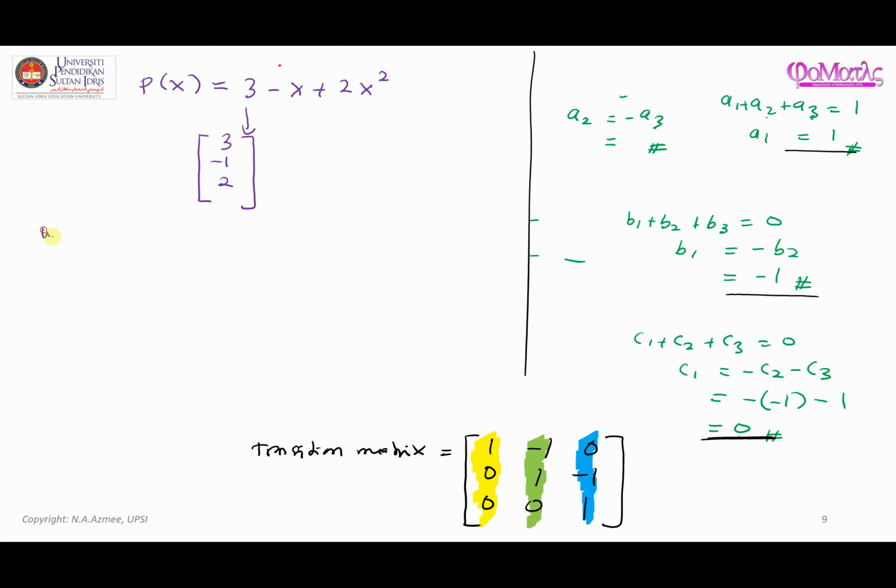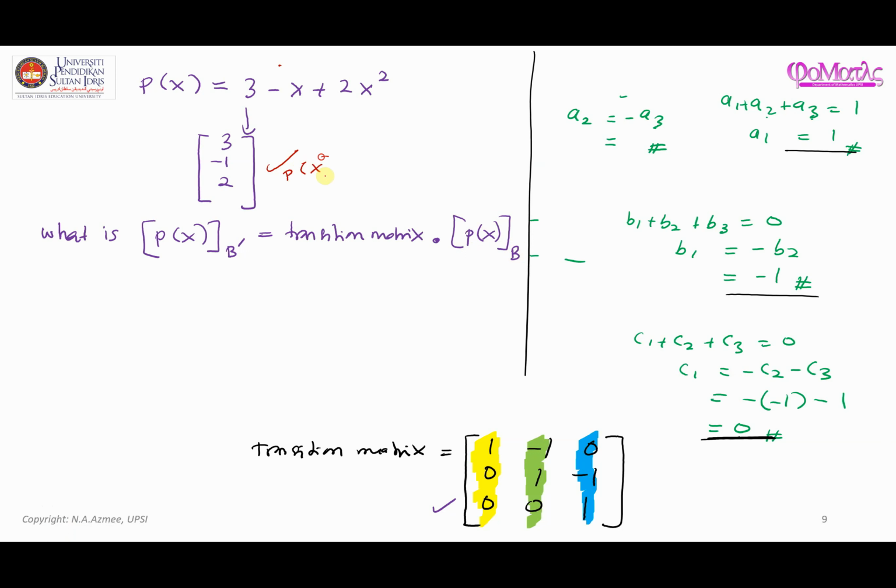Now what is the formula to find this one with the new basis? The formula is easy. We need the transition matrix, which we have already obtained here, and we need to multiply that with the coordinate vector of px with the old basis. Now what we have here is just px.